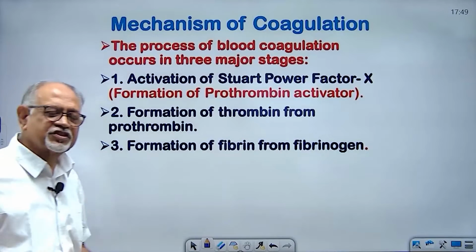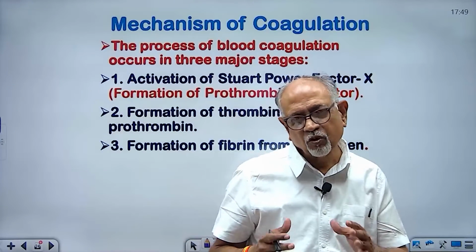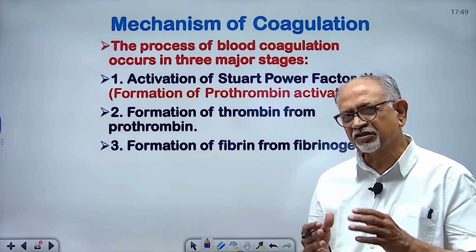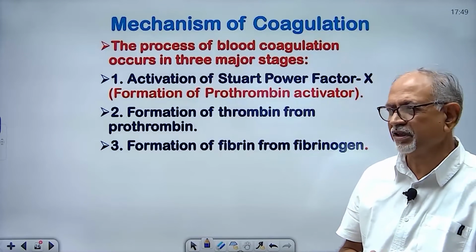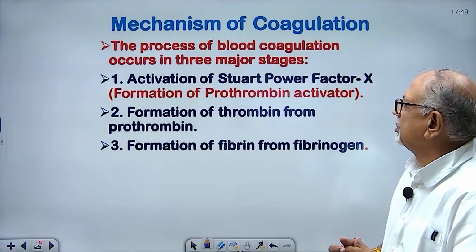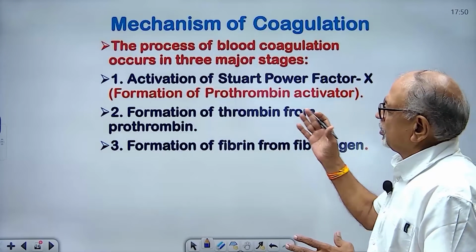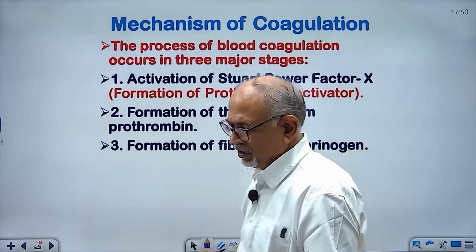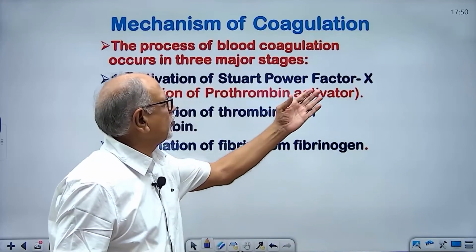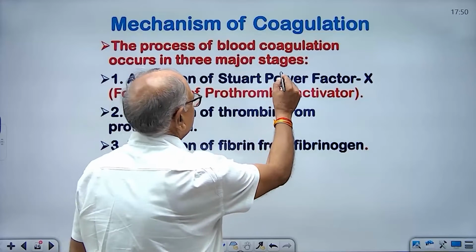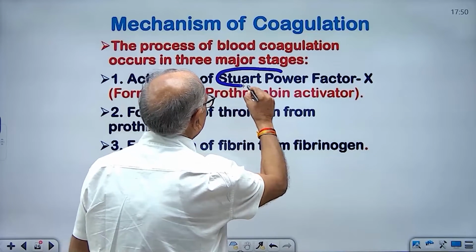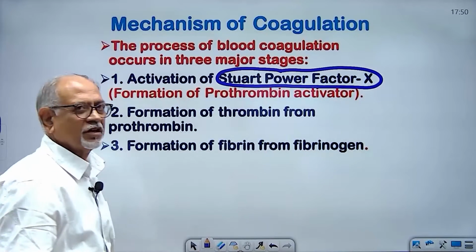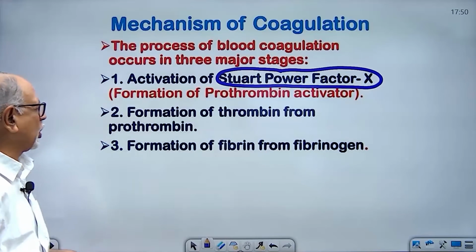Now, to understand the whole process of blood coagulation, there are three main steps involved. The first one is the activation of Stuart-Prower factor 10. This is the most important step in the formation of a clot.